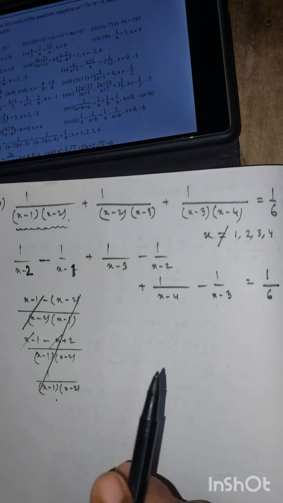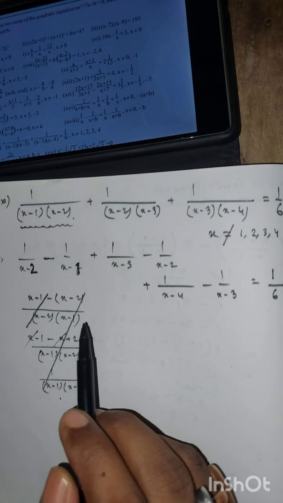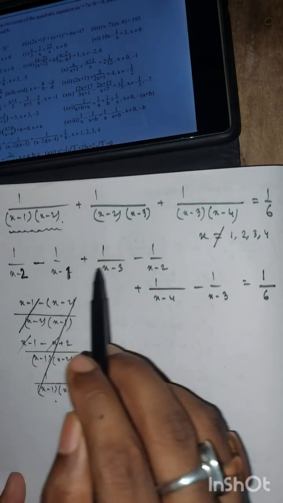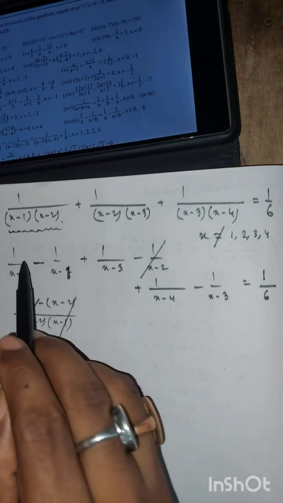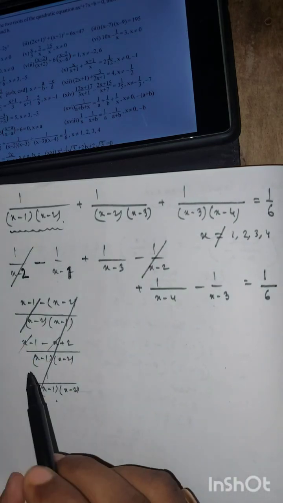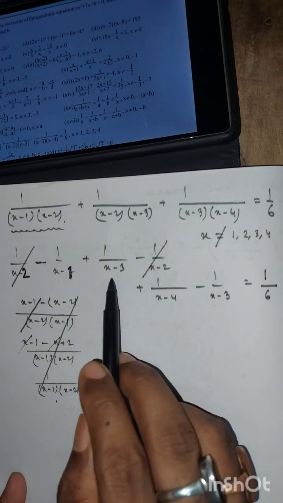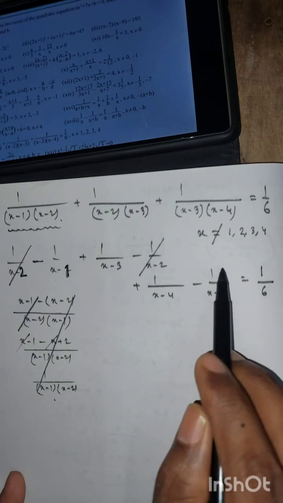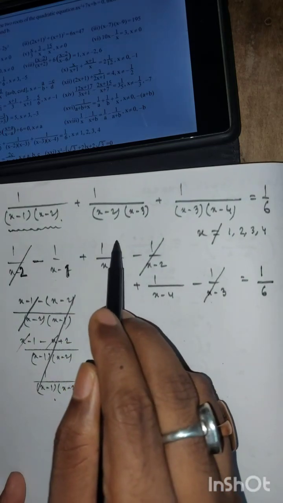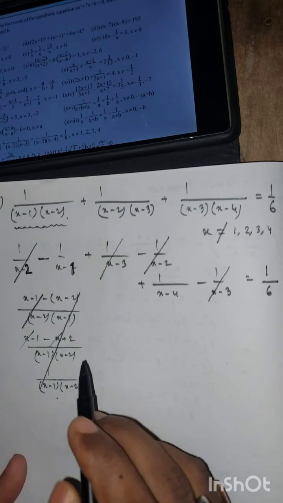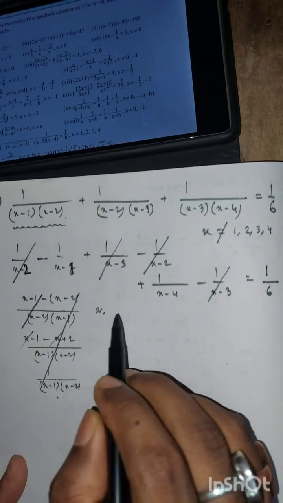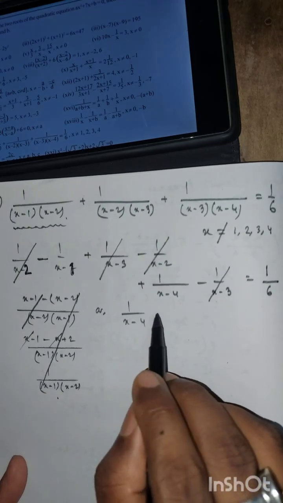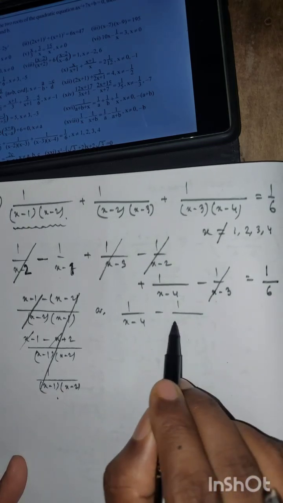Now we can cancel plus 1 by x minus 2 and minus 1 by x minus 2, and we can cancel plus 1 by x minus 3 and minus 1 by x minus 3. So we are left with plus 1 by x minus 4 minus 1 by x minus 1.